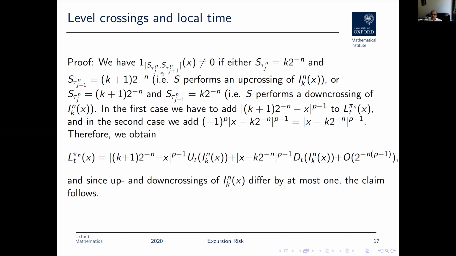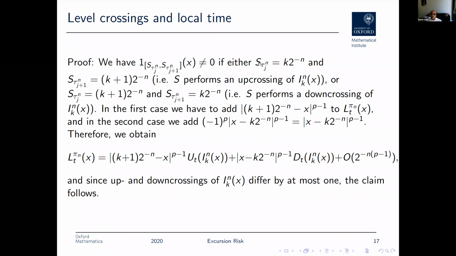It says, okay, well, if you have this indicator that is not 0, so if one of these terms is non-zero, it means that either you enter this interval through this point or this point, okay? And then you exit it at some point through the other one.